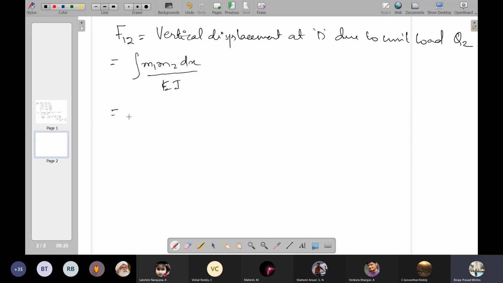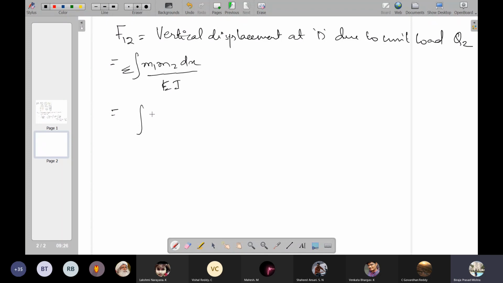Okay, so if you put all the values, I am writing that one. Yes, it is summation M1 M2, everything is summation only.